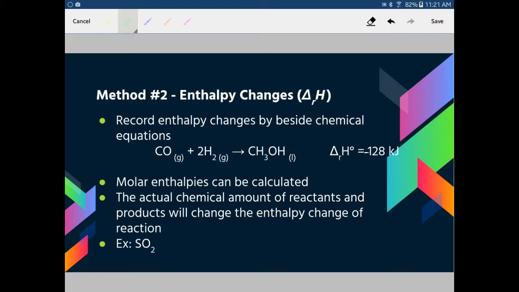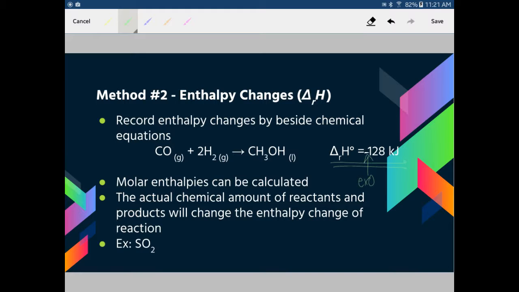In this case, it is kilojoules per mole because we only have 1 mole produced. But if I changed how I balance this, then this amount of energy would change. Based on this reaction, this is the amount of energy that is produced. Again, because it is a negative sign, this tells me that it is exothermic.